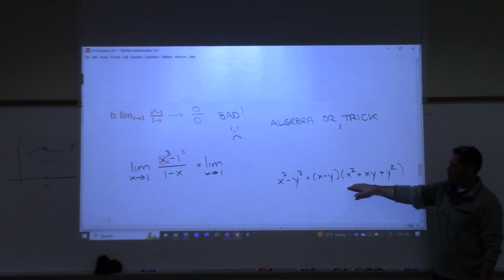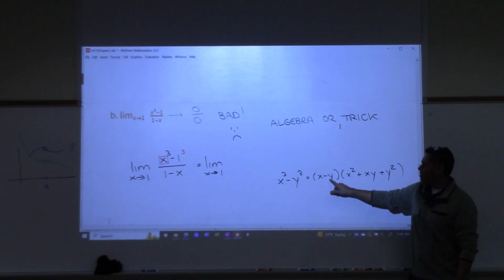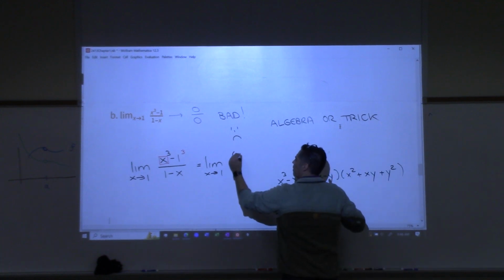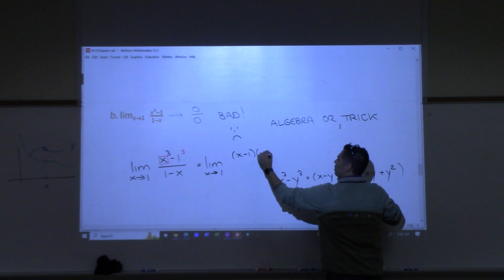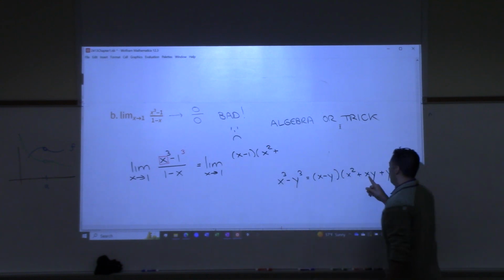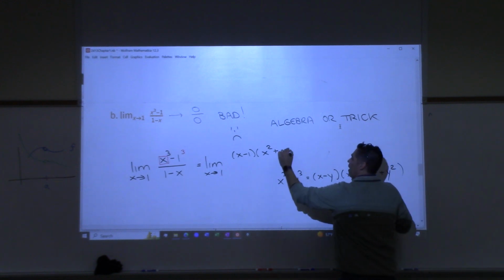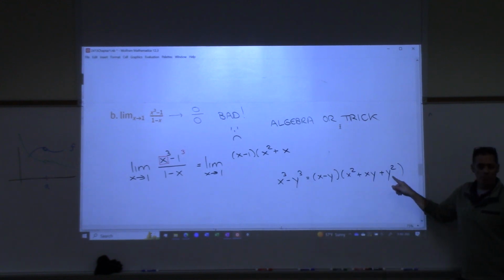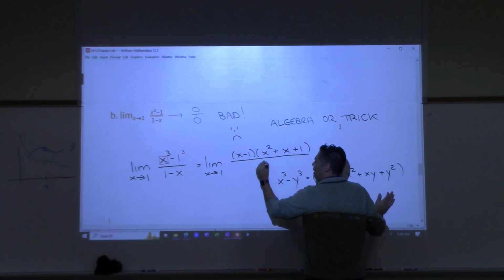For us y is 1, so x minus 1, and then we have x squared plus x times 1, which is x, and then plus 1 squared, which is 1, all over the bottom, 1 minus x.